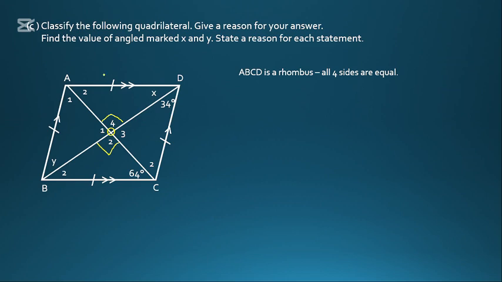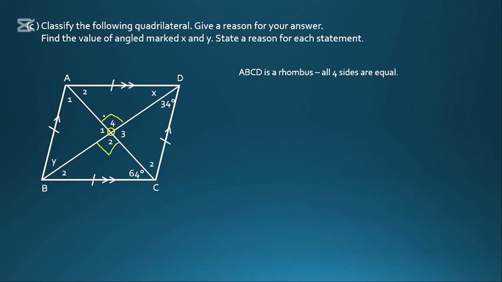Now what do I want first? I want x over there. So how can I get to x? Right? Now x and 2 are alternate angles, but no. Right, I can't because I don't know the value of x, I don't know the value of y.